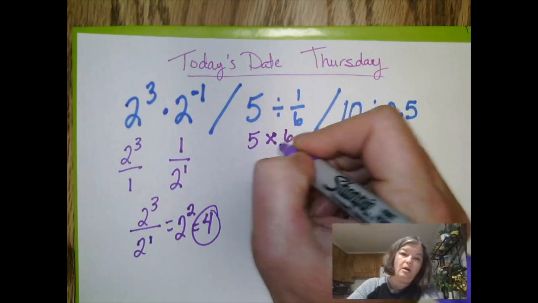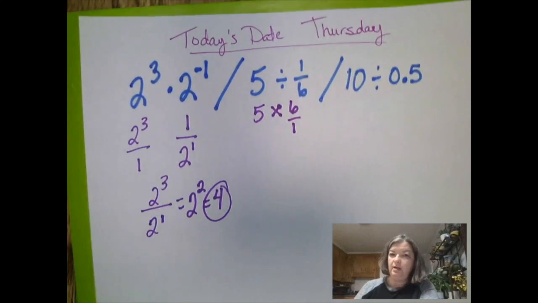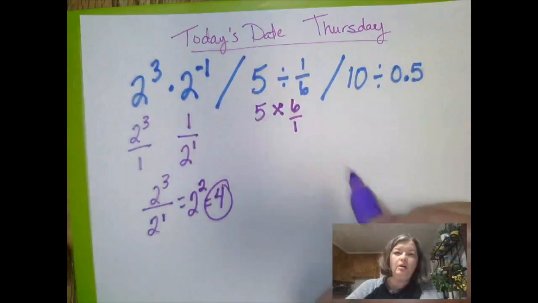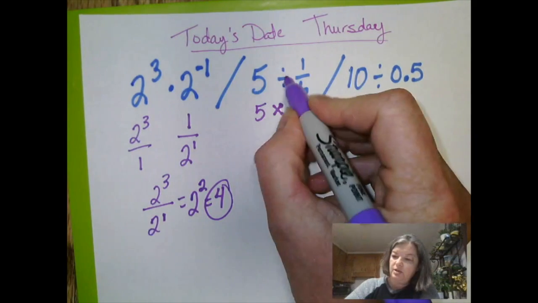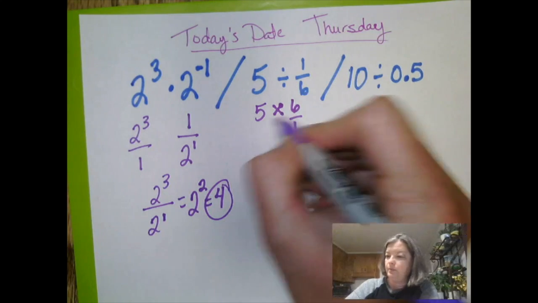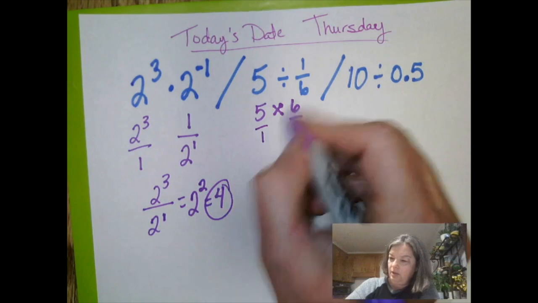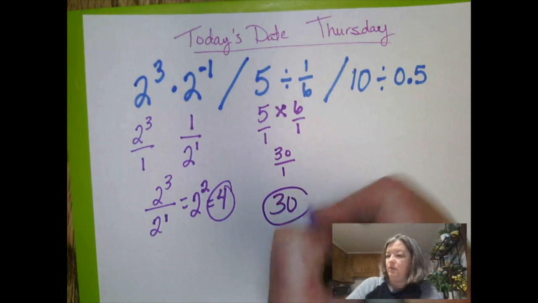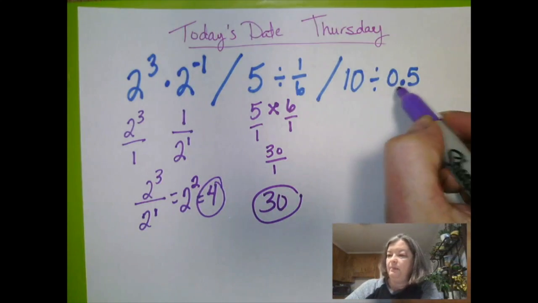That is basically called multiplying by the reciprocal. And then you would know that is equal to 30. We're going to talk about another way too, but actually, I'll hold off on that. We'll keep it this way. So when you're dividing fractions, you basically multiply by the reciprocal. And 5 times 6 is 30. And that's 30 over 1, which is 30.